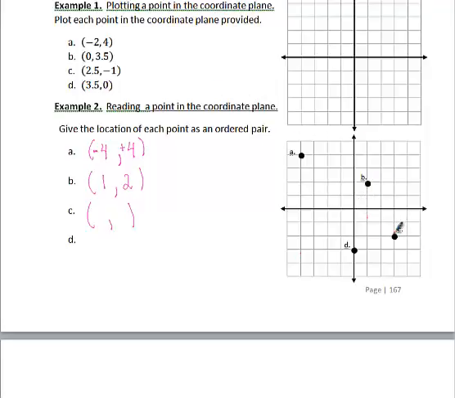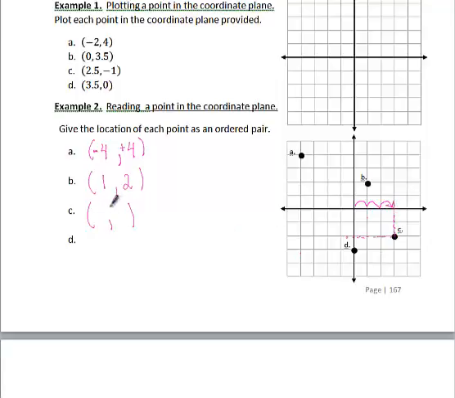Where is C? Well, here is the location of C with respect to the x-axis, this vertical line. Here is the location of C with respect to the y-axis, this horizontal line. Alright, so we'll start with the x-coordinate. From the origin, we go to the right, so it's a positive x-coordinate, and we have to go over 3 spaces.